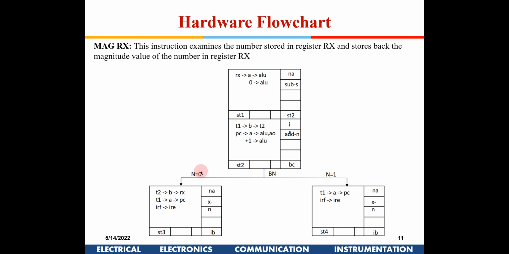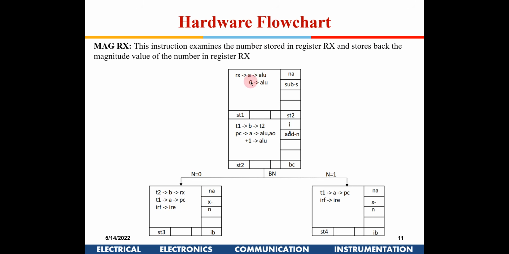So N is equal to 0. The magnitude changes and the answer will be positive, because the minus gets removed. So both things happen. Is this clear?